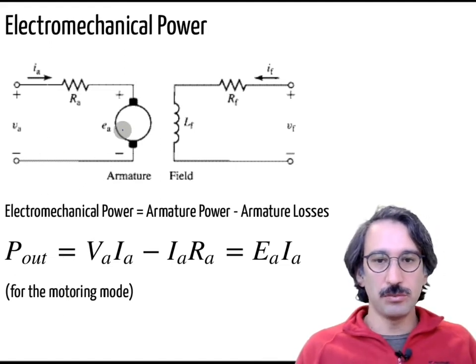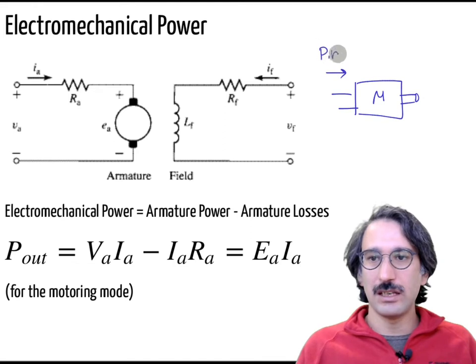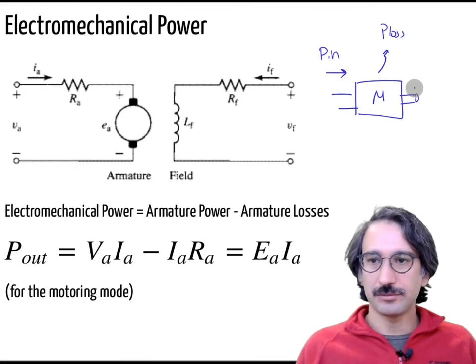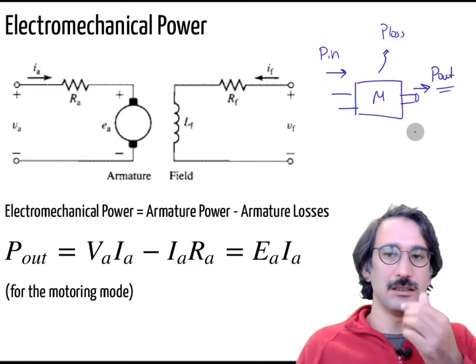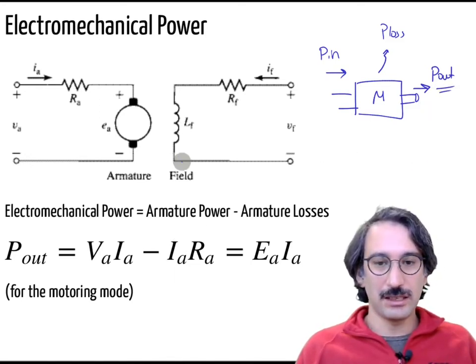So for the output power, you have the motor, you have the shaft, then you have the P in, which is the electrical power, you have the P loss, which is the losses in the thing, and then P out is the mechanical power that you are sending to the mechanical system.